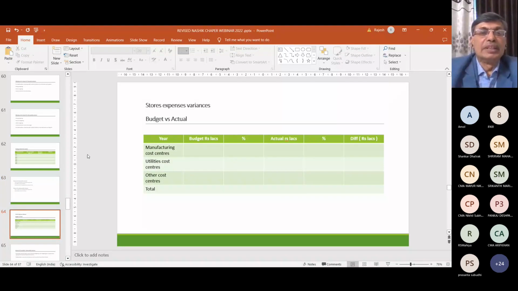Now, stores expense budget. Usually this is compared as given by the maintenance department, budget and actual.